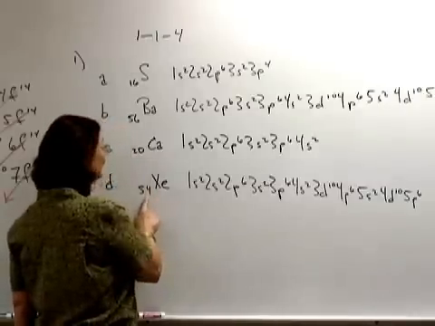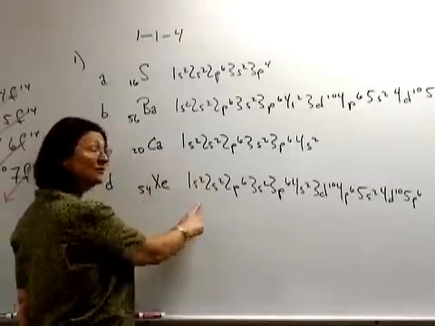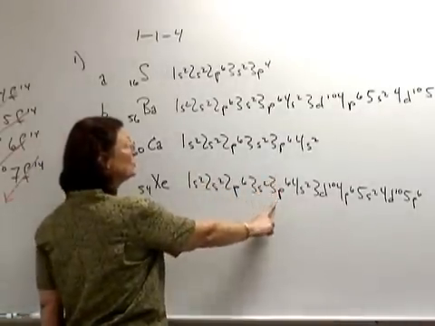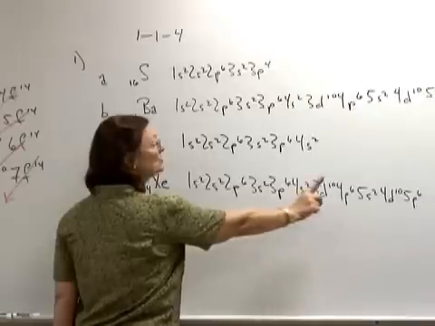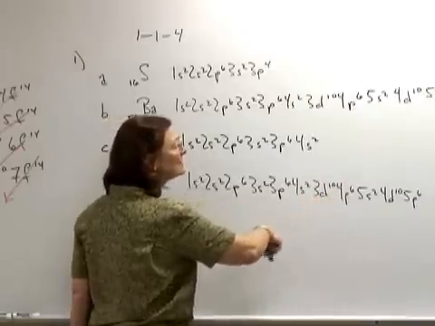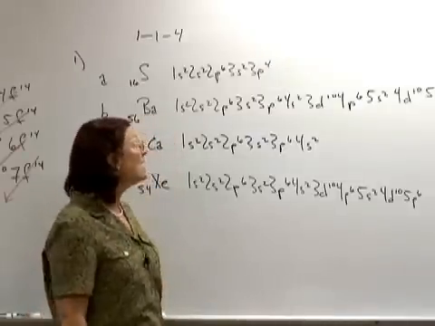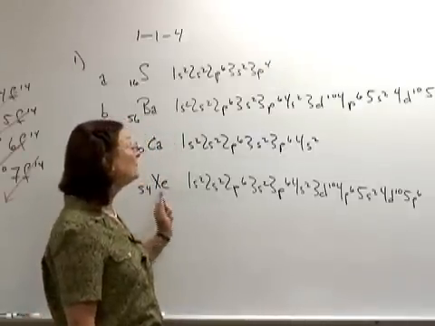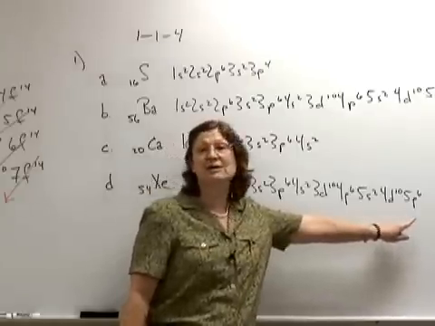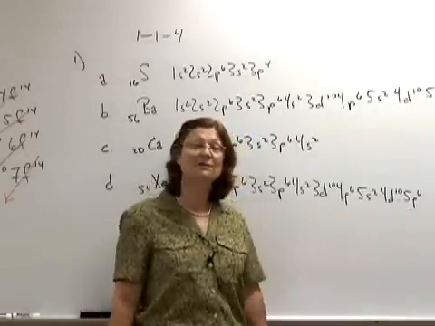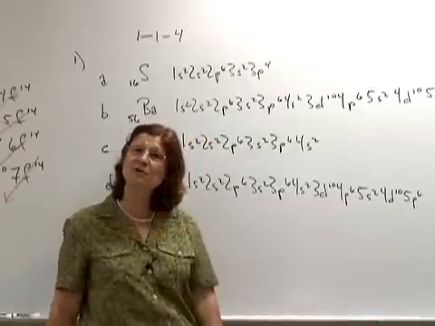Well, we need 54 electrons, and we follow the diagonal rule. 1s2, 2s2, 2p6, 3s2, 3p6, 4s2, 3d10, 4p6, 5s2, 4d10, and 5p6. And I noticed on xenon, it is in the 5th energy level, and we only count the outermost electrons, the highest energy level. And we'll see that in number 2.